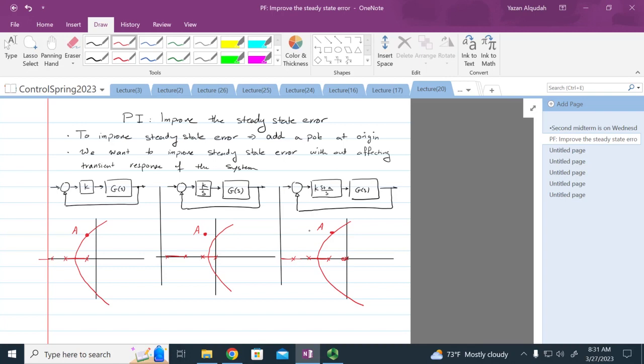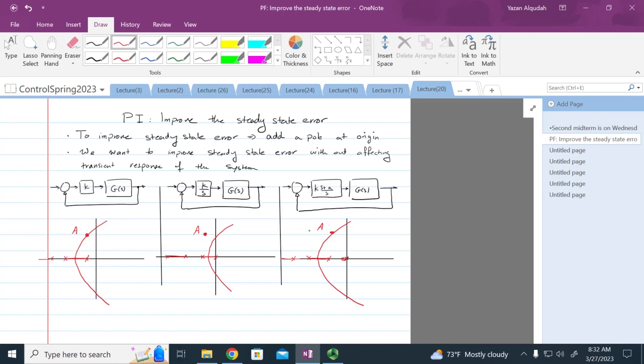Because if I look at the angle criteria, this used to be part of the root locus when I was operating here. Now I have a pole and a 0, but the contributions of the pole and the 0 are so close to each other they're going to cancel out. Does that make sense? So if the angles used to be 180, most likely they're going to be very close to 180 still. Is that clear, everybody?